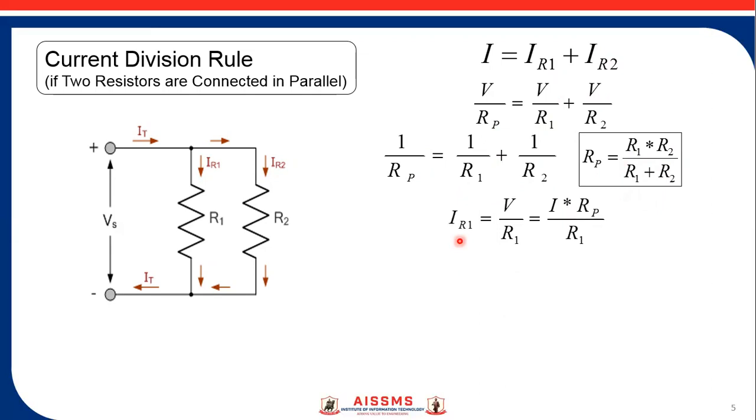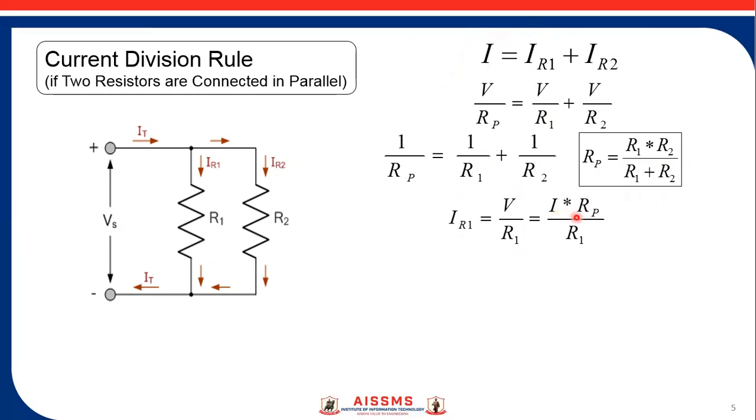Now, IR1 equal to V divided by R1, and V equal to I into Rp.